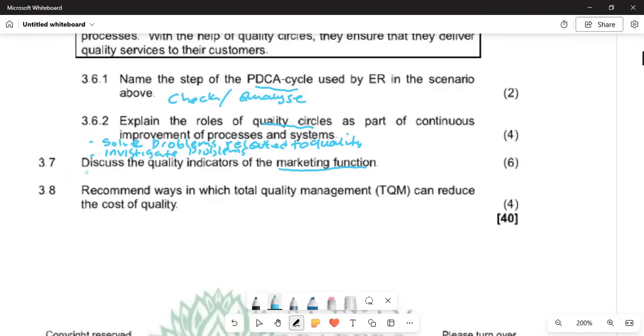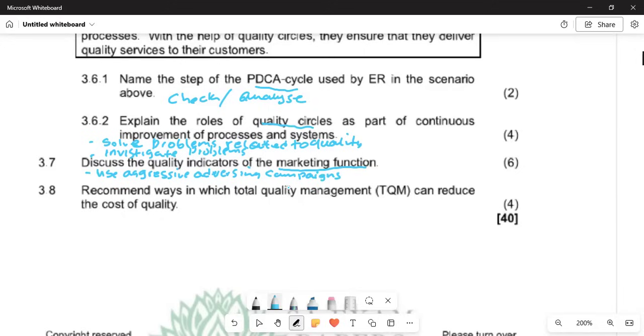So for this one, we are going to say they use aggressive advertising campaigns.